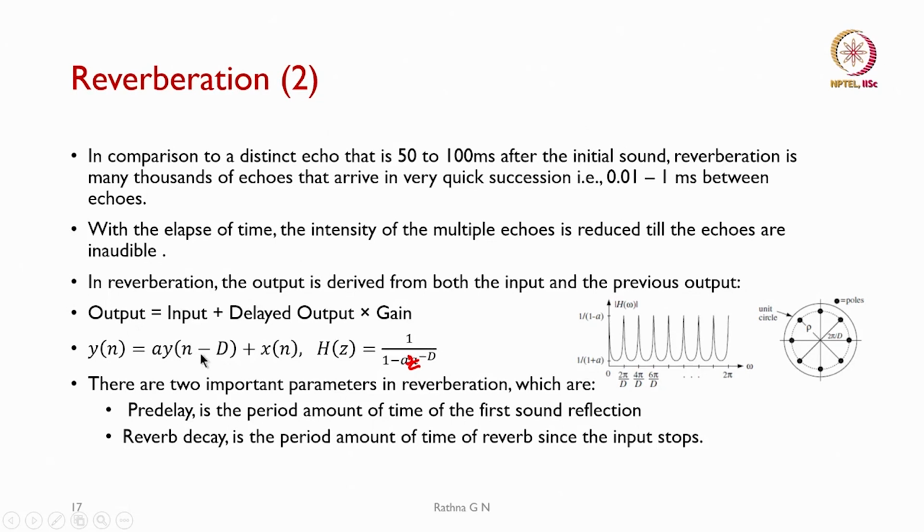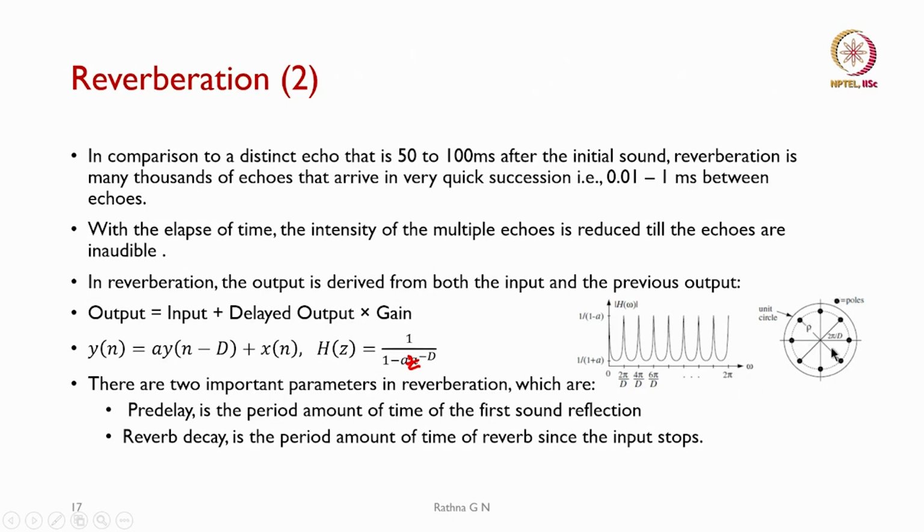Because we have said n minus d, d is the delay we are going to have. Each reflection is spaced at 2 pi by d. So, I will be getting a peak here, the next peak is going to be at 4 pi by d, and 6 pi by d, and so on till 2 pi.